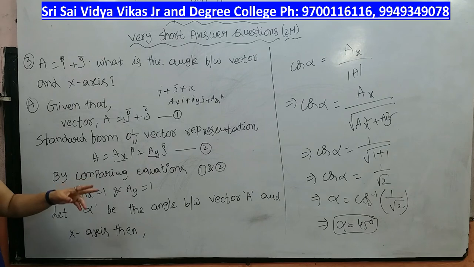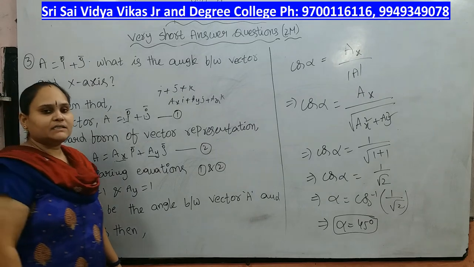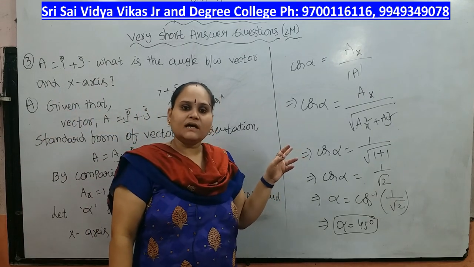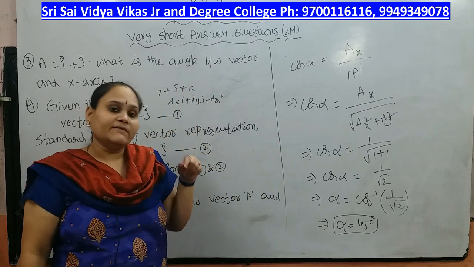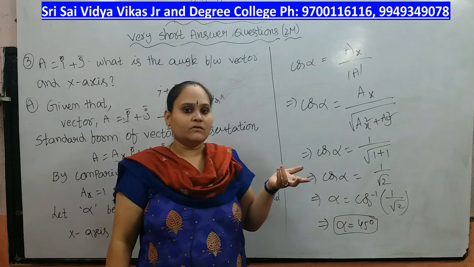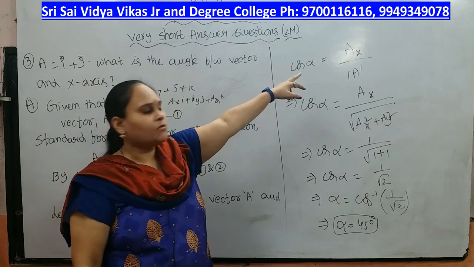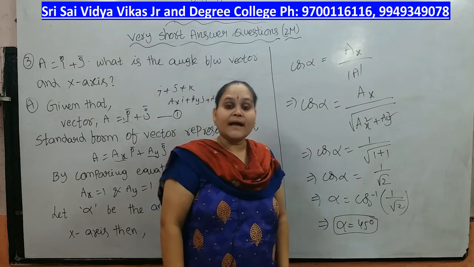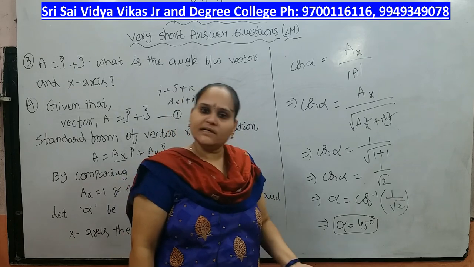By comparing equations 1 and 2, ax equal to 1 and ay equal to 1. Let alpha be the angle between the vector A and the x axis. Then cos alpha equal to ax by mod A, since we are taking the x component. Modulus A means the magnitude of A, the square root of ax square plus ay square plus az square.